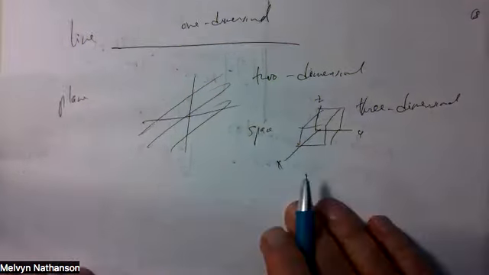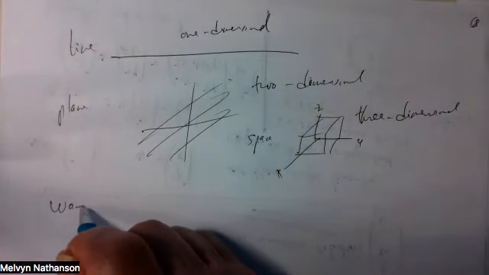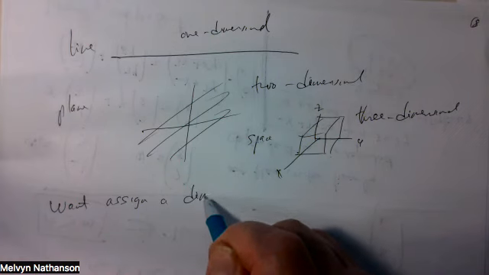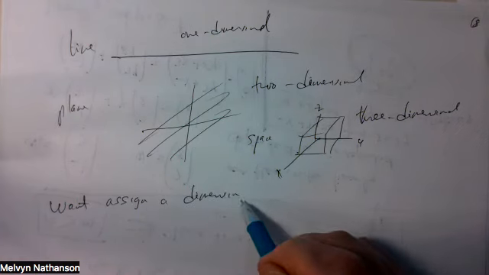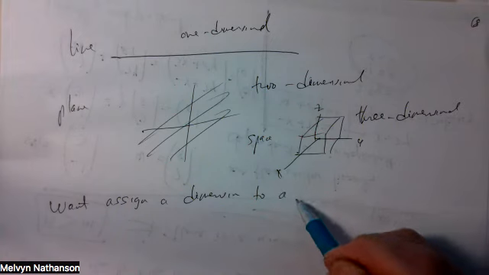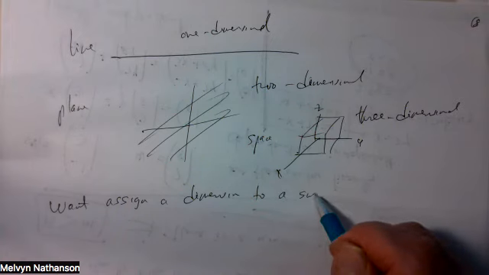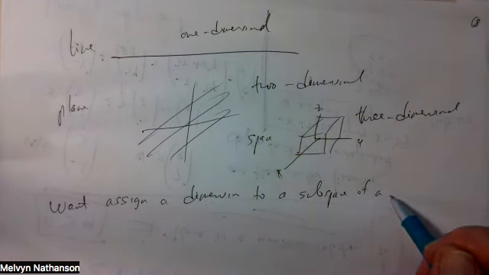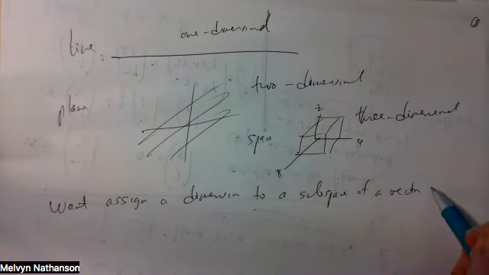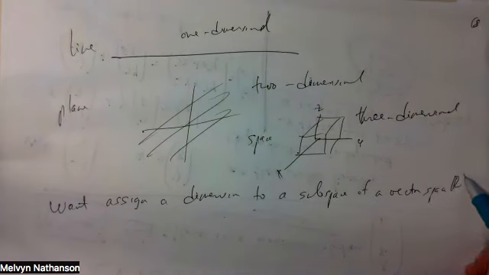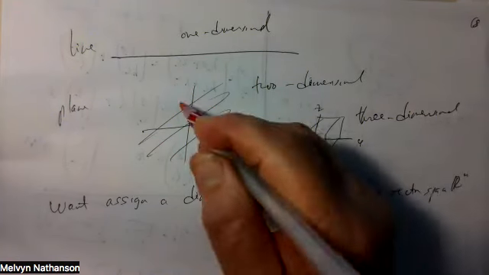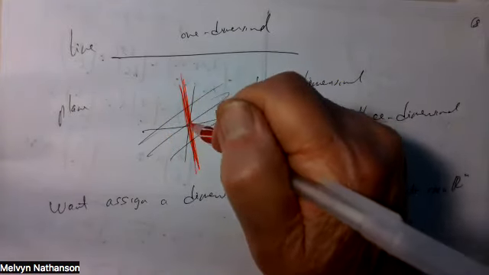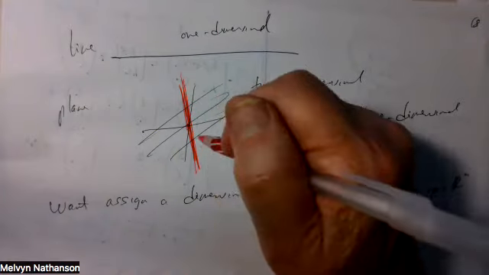And in general, we want to be able to assign a dimension to a vector space, or in general, to a subspace of the vector space Rn. Like in the plane, if you had this line, that's a subspace. A line going through the origin is a subspace.